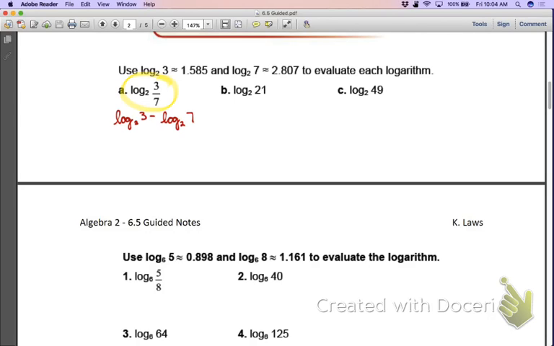What is log base 2 of 3 equal to, or about? 1.585. So instead of having log base 2 of 3, I'm going to have 1.585 minus, what number am I going to have for log base 2 of 7?